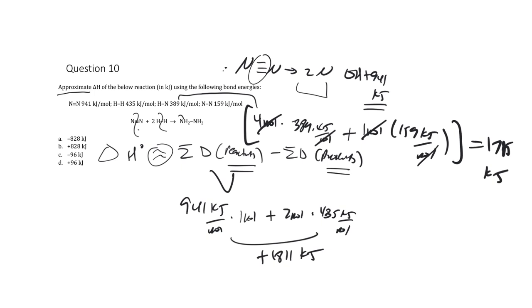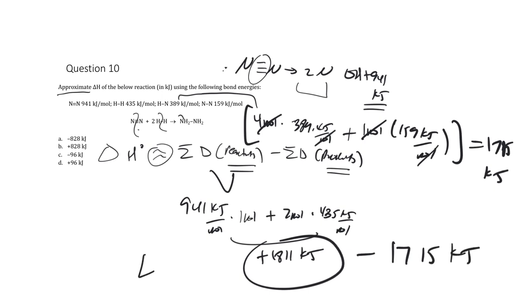So the way it works is it takes 1,811 kJs to break all those bonds in the reactants. Then I get back 1,715 kJs when I make the new bonds in the products. So my predicted delta H is approximately equal to 1811 minus 1715, which is going to be plus 96 kJs.